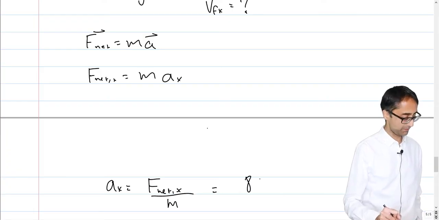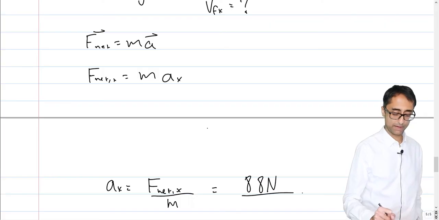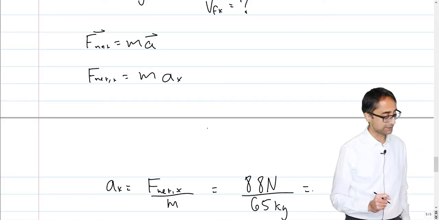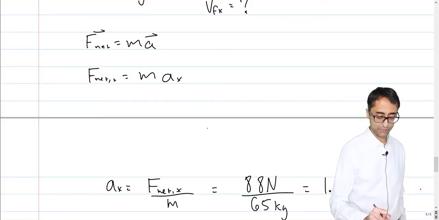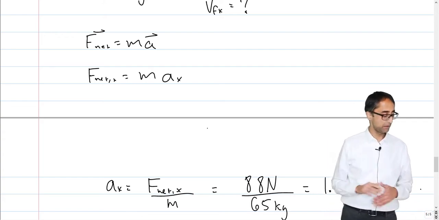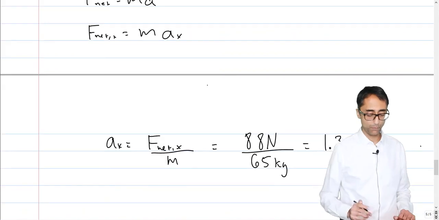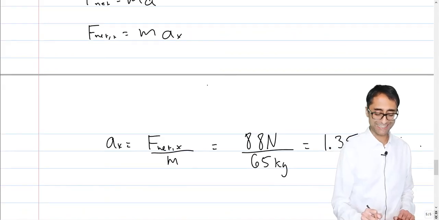Throw those numbers in. We have 88 newtons divided by 65 kilograms, giving us an acceleration of 1.35. Let's keep an extra digit there just because the 5's a bit middle. So we've got 1.354 meters per second squared.